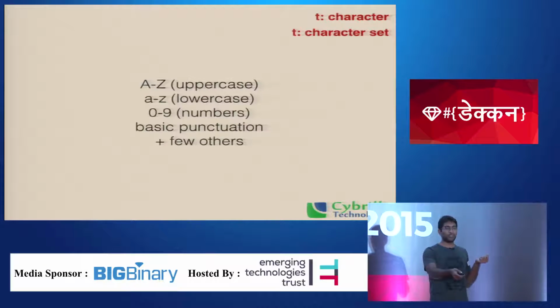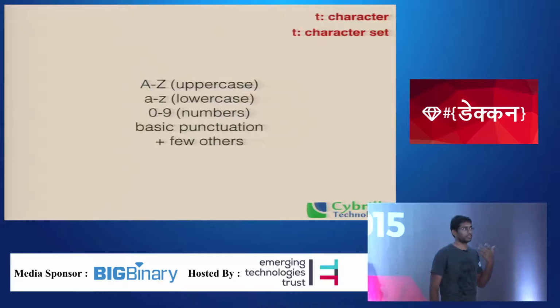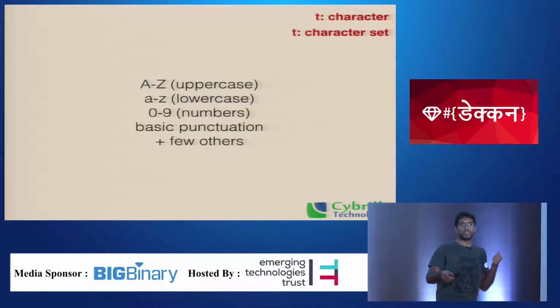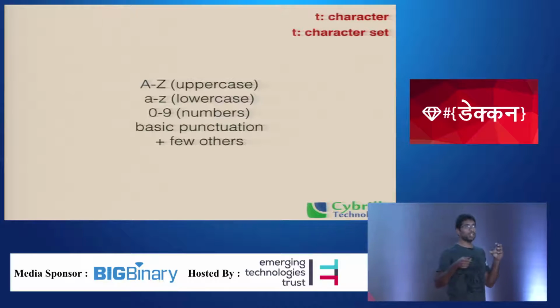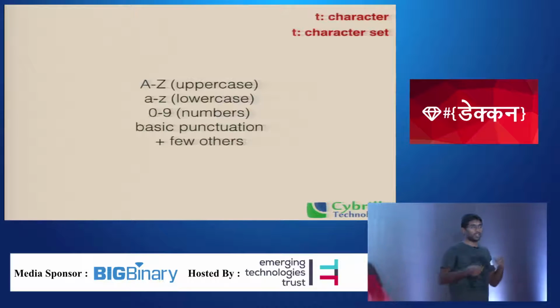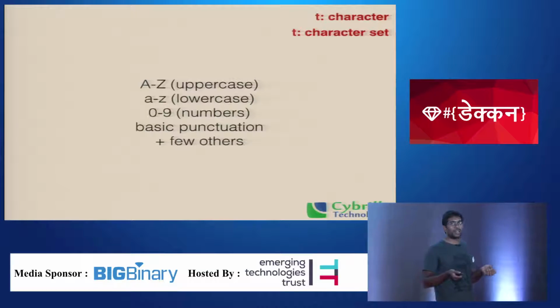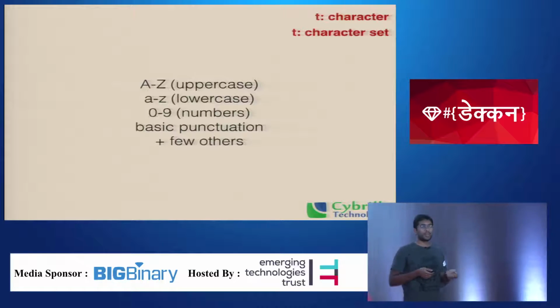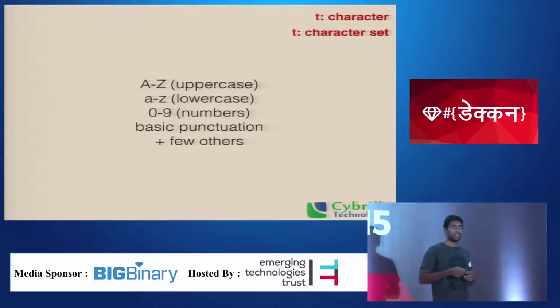And probably a few other control characters to send signals to printers, for computers to print documents. So people never thought that they would need characters outside of this character set here. They never thought that there were people speaking other languages who would want to use computers, and probably they would need more characters as part of the character set.